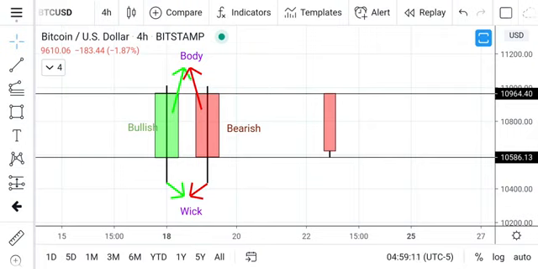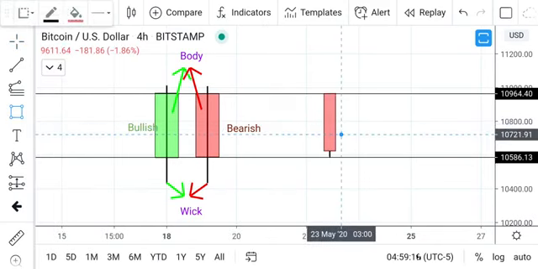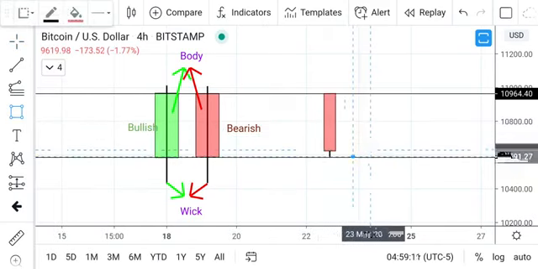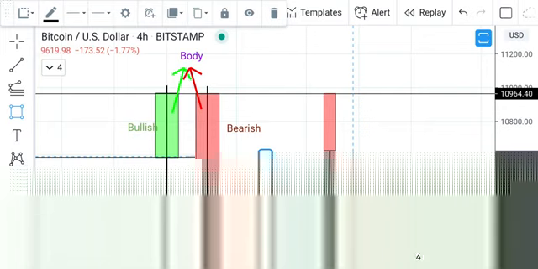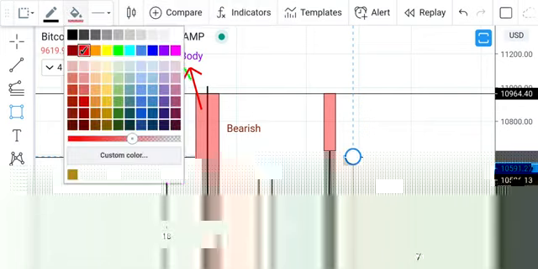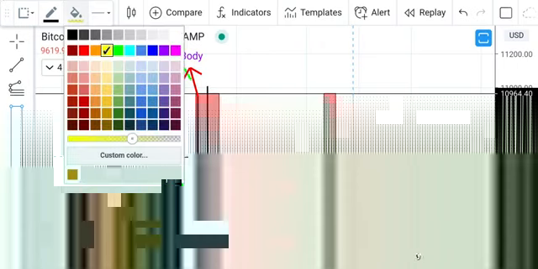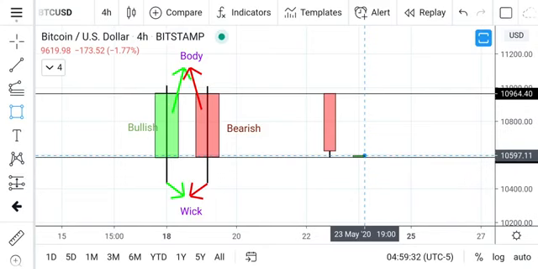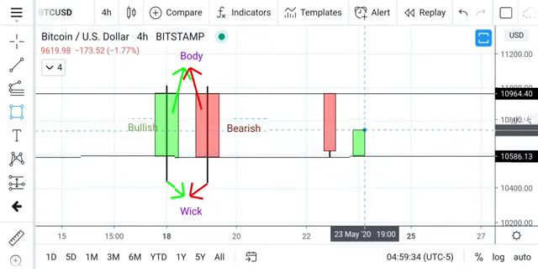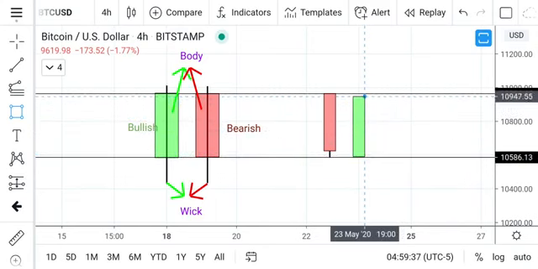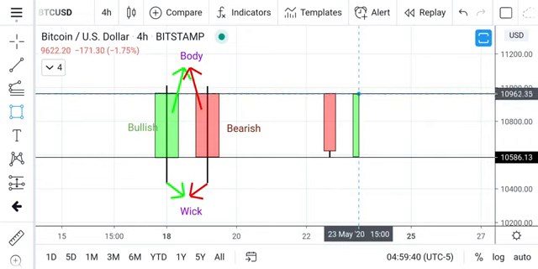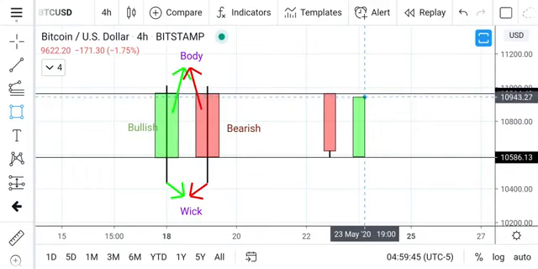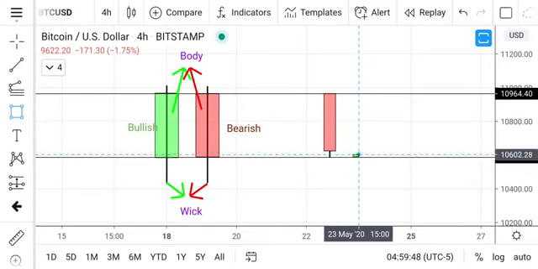You have the open at the top and the close at the bottom. For a bullish candle, the opposite is the case. Let me change the color first. For a bullish candle, price opens from the bottom and slowly starts going up. Once the price gets to resistance, it usually reacts and bounces back a little bit.